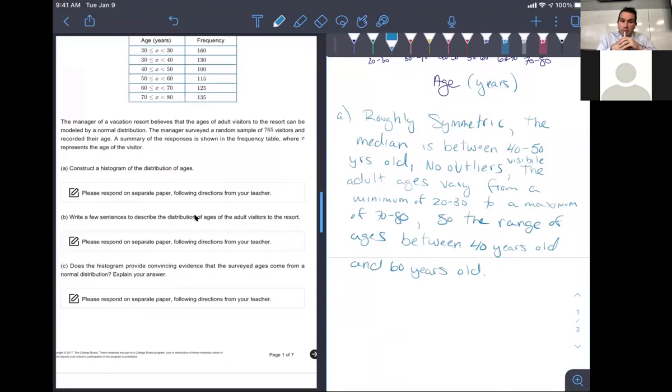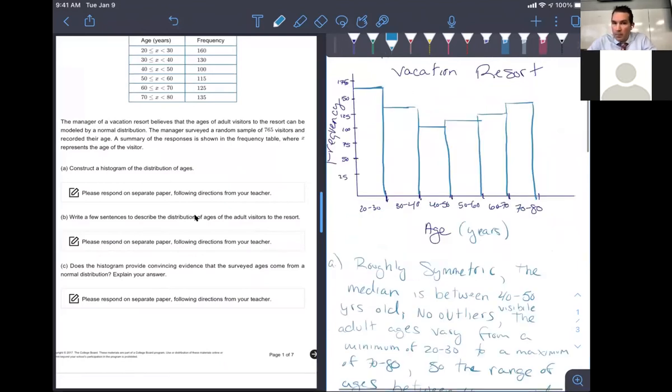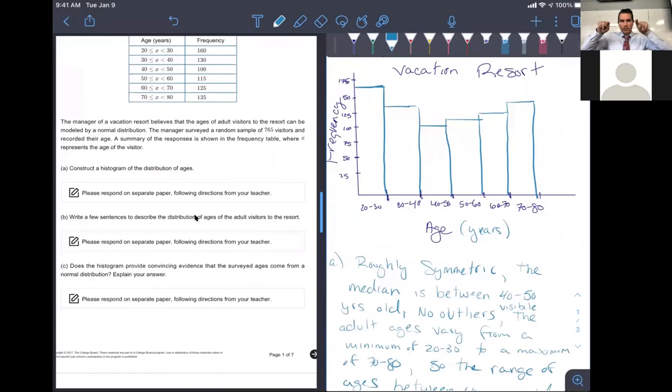Because this picture is an inverted normal, median would be a better measure of the center. The mean would probably be lower than the median here, because we have far more young people, which is shifting the mean lower.